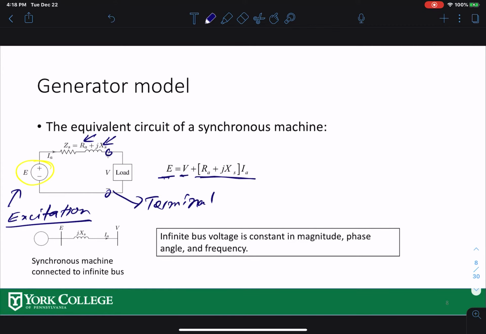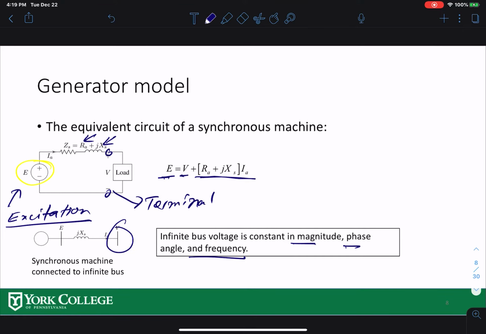Think about the ocean: the amount of water in the ocean cannot be disturbed by an individual river coming into the ocean, right? It's the same thing here. So an individual generator cannot disturb the grid voltage. Magnitude, phase, and frequency cannot be disturbed by an individual generator. That is called infinite bus bar.